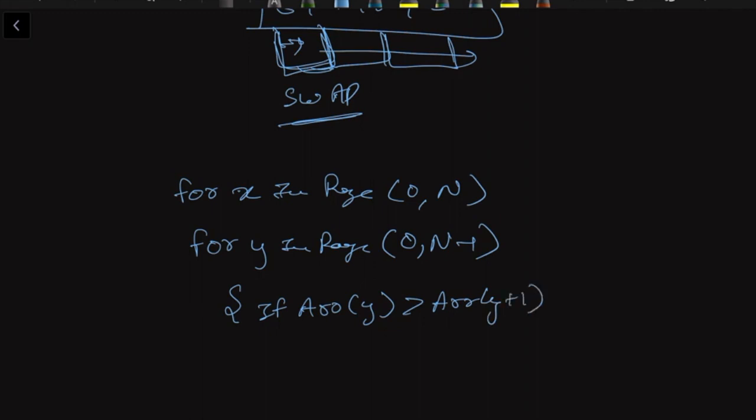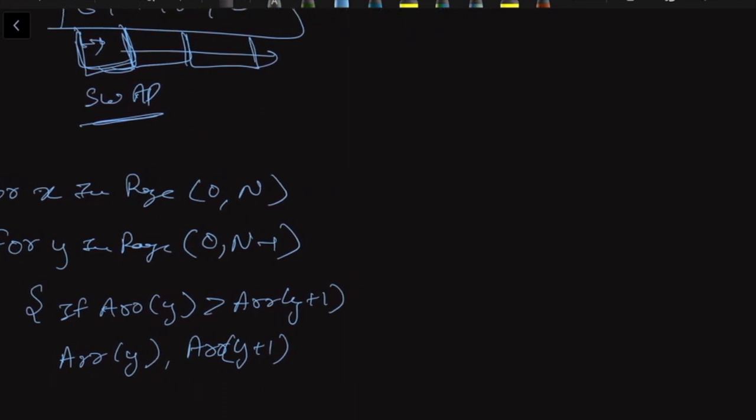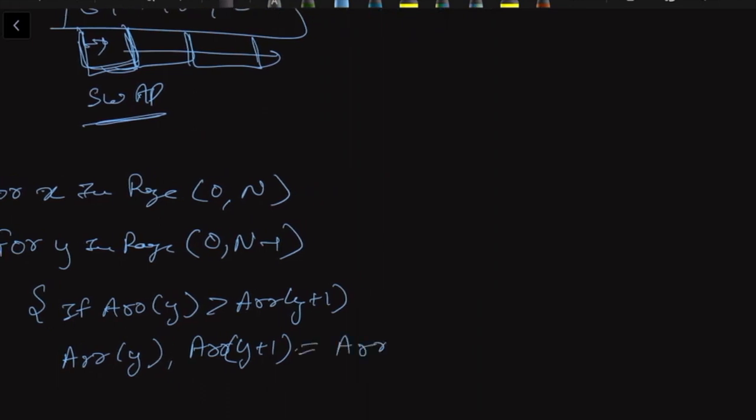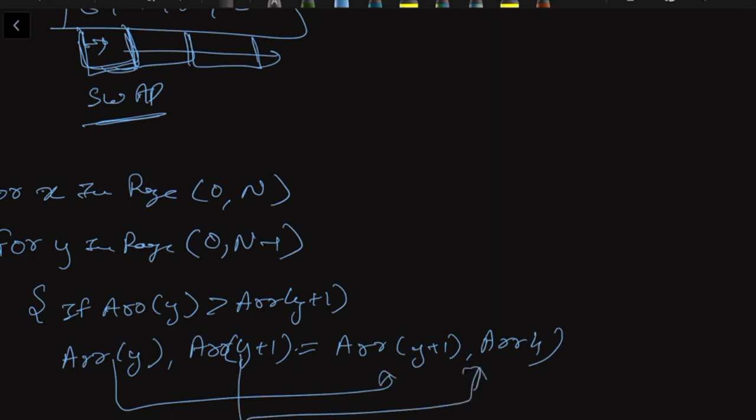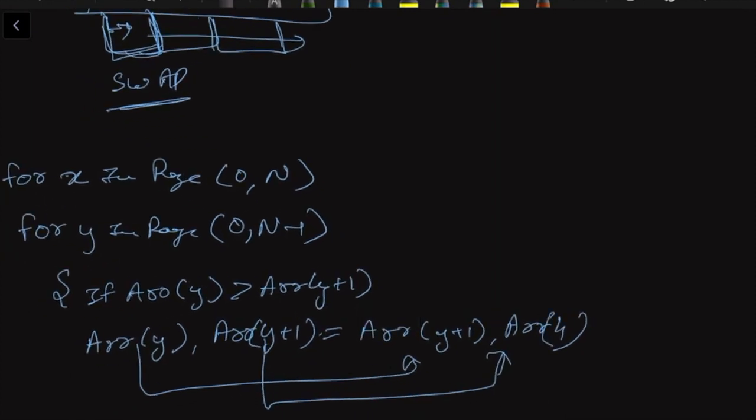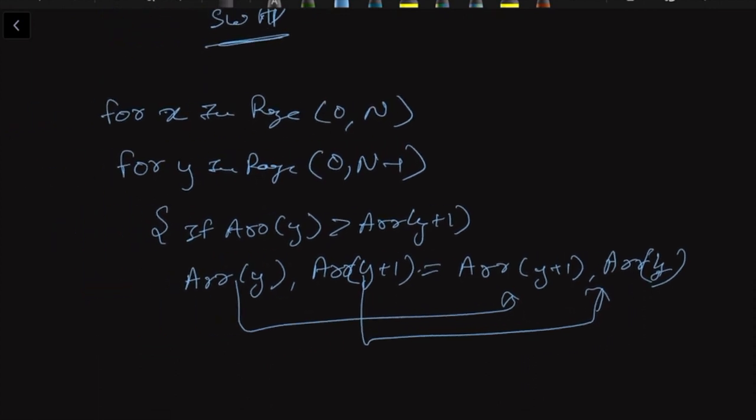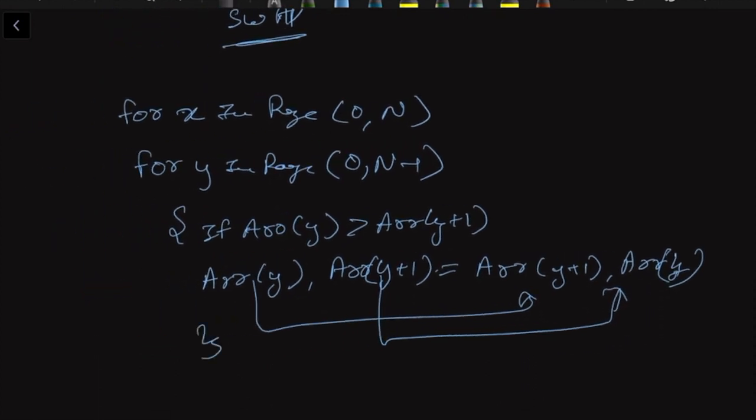If the initial element is greater than the next element, we swap: array of y becomes array of y plus 1, and array of y plus 1 becomes array of y. And at last we return the array. That's it, it's a very simple algorithm.